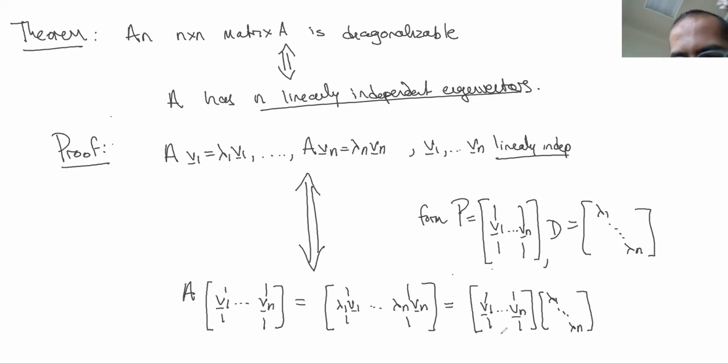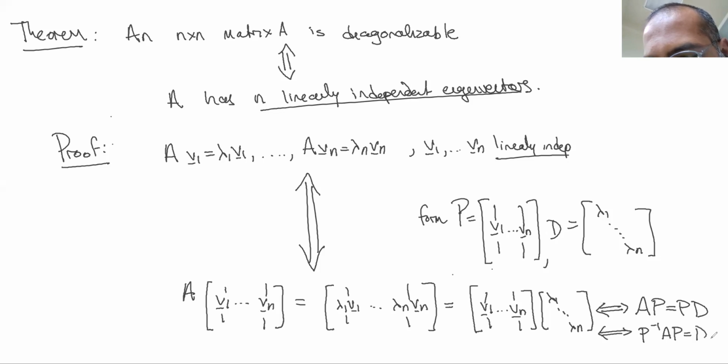But now what is this equation? Well, this equation is that AP equals PD. And P is invertible, because the columns are linearly independent. So by multiplying by P inverse, you get that P inverse AP equals D. And that finishes the proof. It's almost literally the same statement.